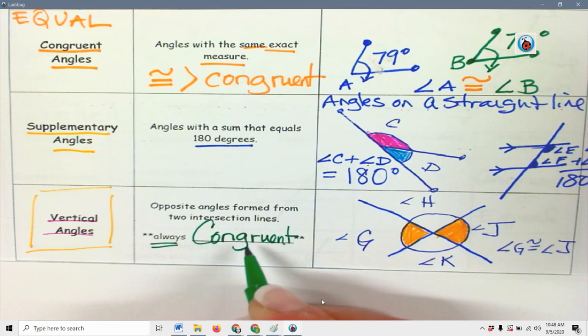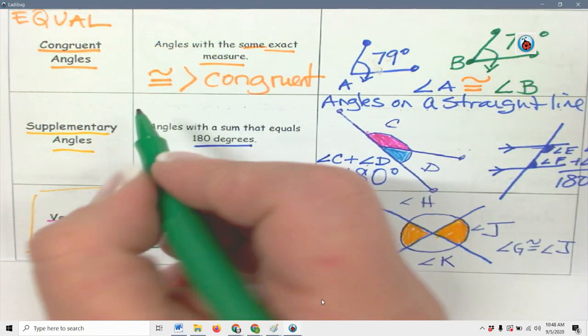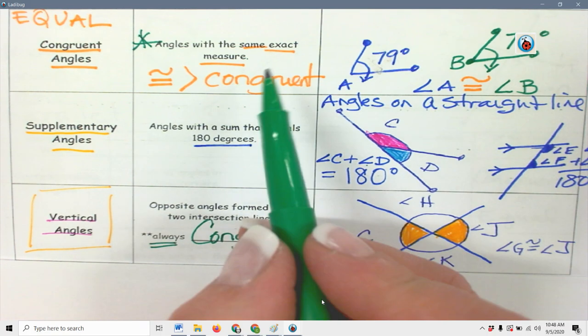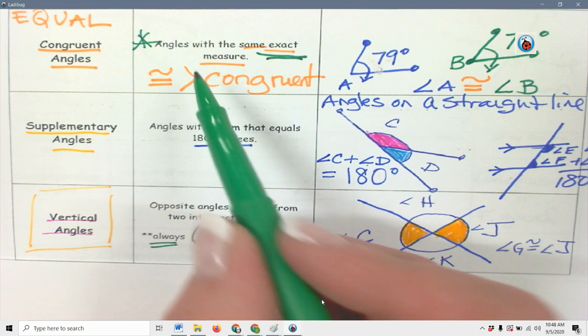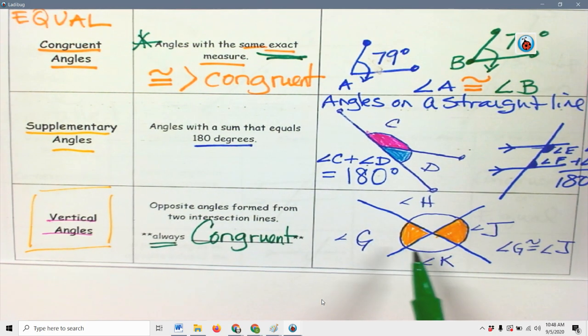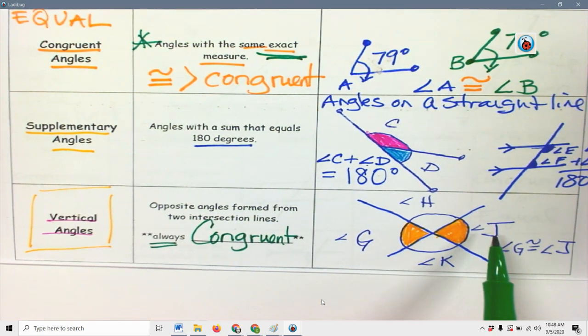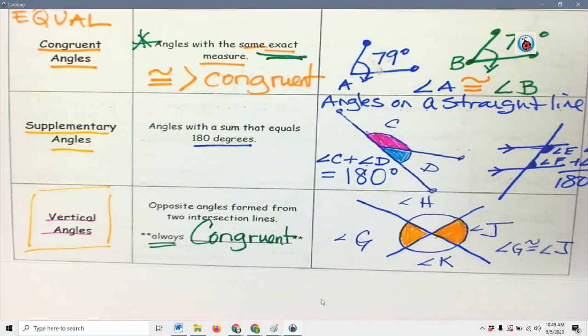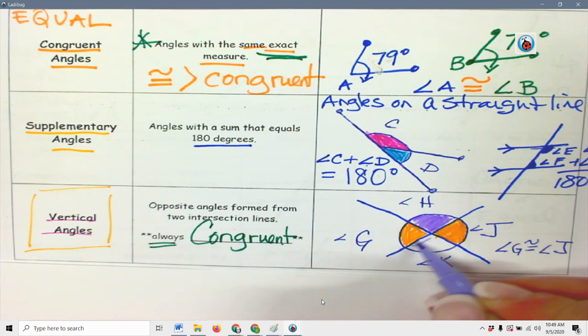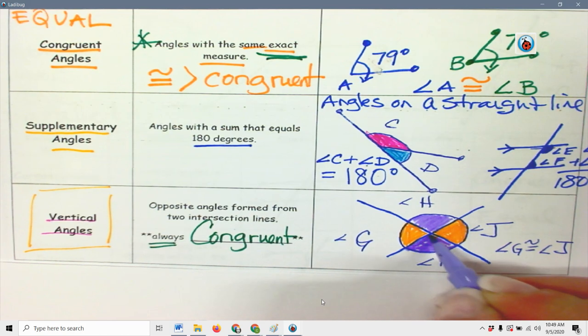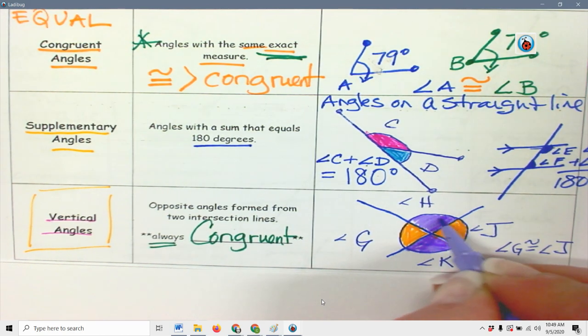Now remember what congruent means. That means angles with the same exact measure, not about, but exact. Well, if angle G and angle J match exactly, we also know that angle H and angle K are also directly opposite from each other at an intersection where two lines are crossing.